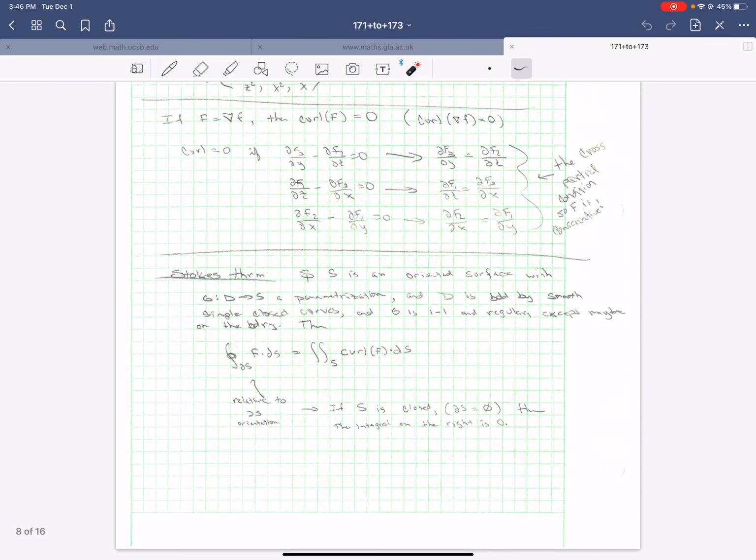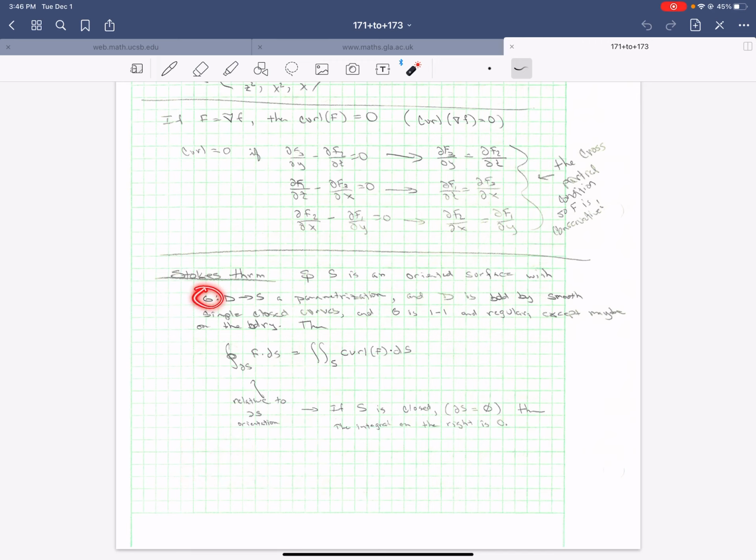All right, then Stokes' theorem. So Stokes' theorem says, suppose you've got an oriented surface, and all this is the parameterization. They usually use g of u and v, or g of theta and phi, or f of x, y, and it doesn't matter.